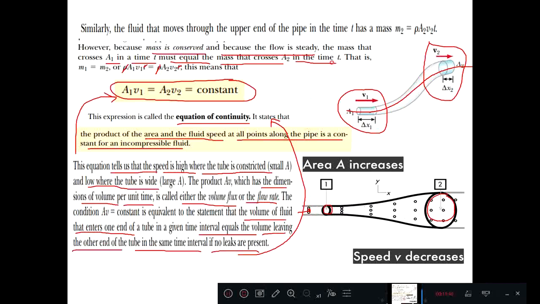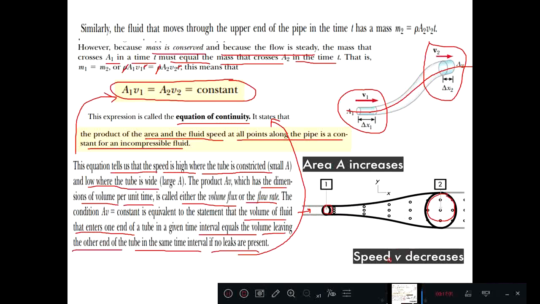Therefore A1 V1 is equal to A2 V2. This equation is very useful in fluid dynamics, and for solving fluid problems.